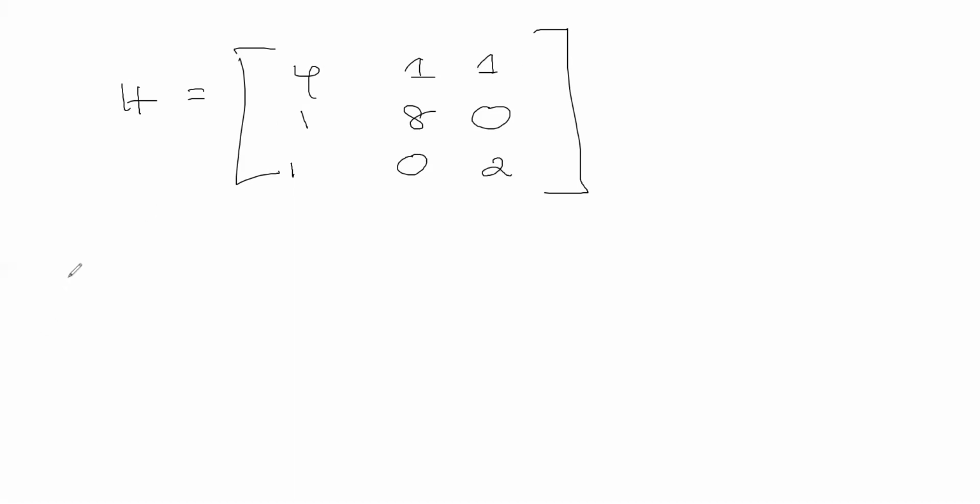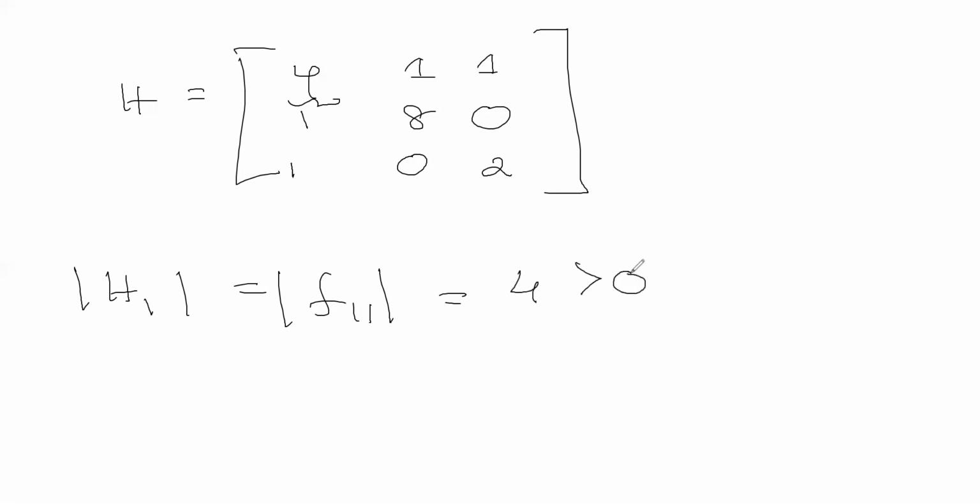Now here, if I say H1 is equal to the determinant of F11, this is nothing but the first leading principal minor, which is 4. So we write 4 over here and we see that this is greater than 0.